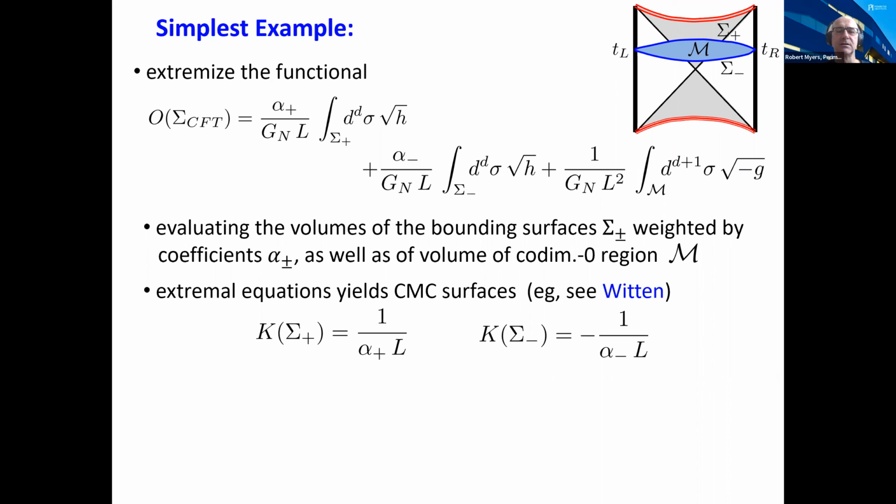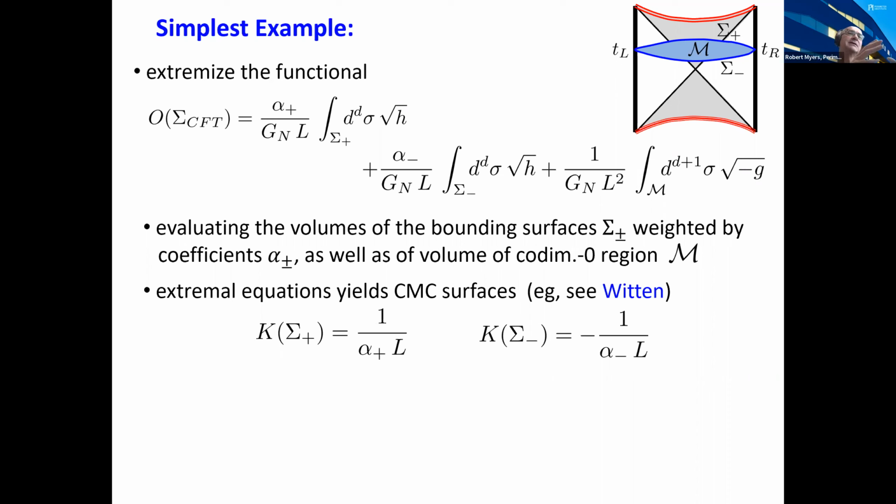That definition depended on a reference state. That was one of the choices. But just like entanglement entropy, I want to think of complexity as a tool that I can apply to any state in the boundary theory.